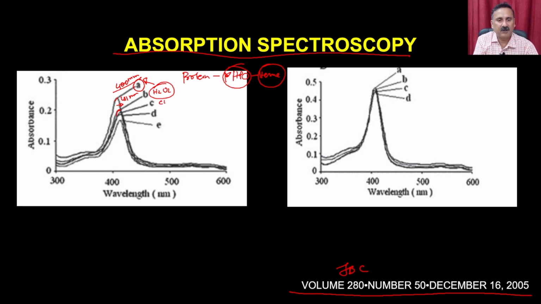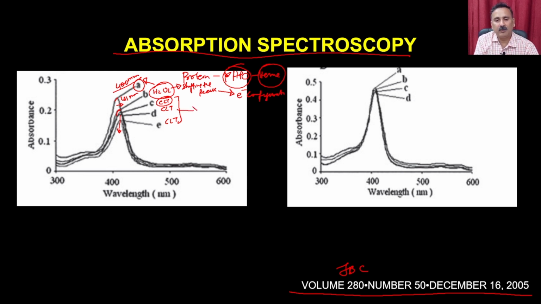For example, in this case, I have added an inhibitor like clotrimazole, and as soon as it shifts, you add the clotrimazole, which goes and binds. This means it is shifting the peak, which means it is changing the electronic configuration of some of the key residues.